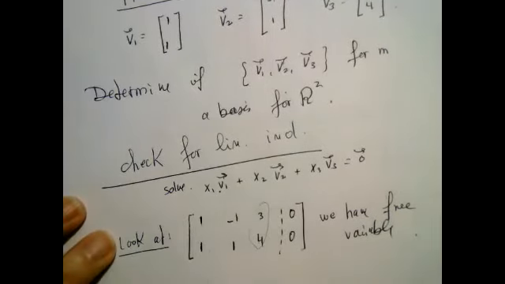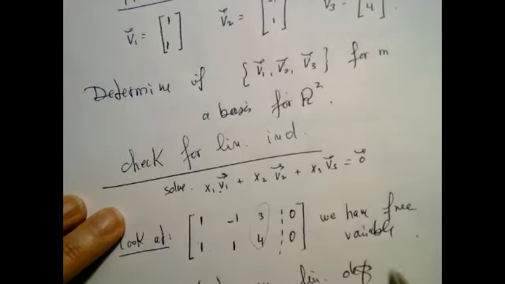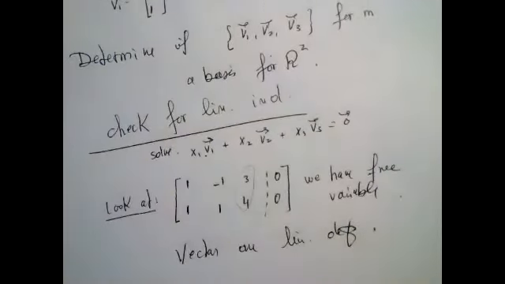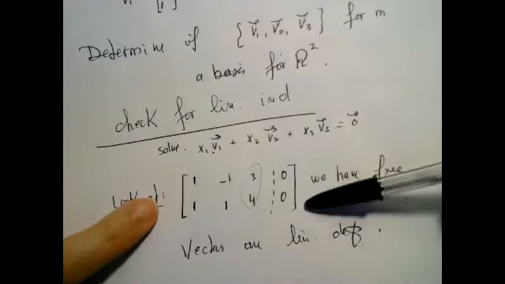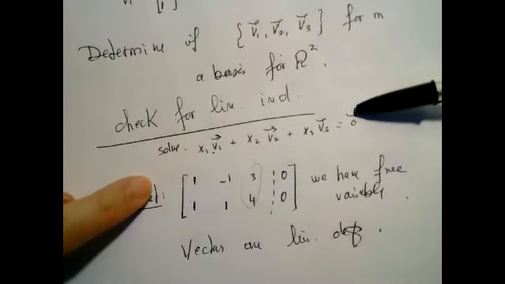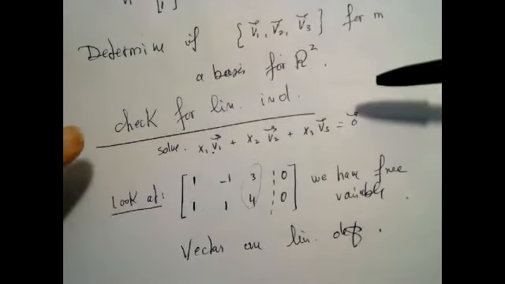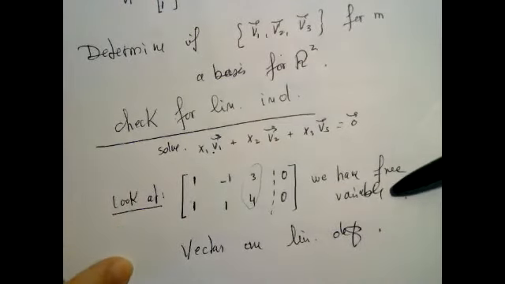Immediately, it means the vectors are linearly dependent. Okay, so let us recall the following fact based on this remark: any 3 vectors in R2 are linearly dependent because when we are solving, we have to have a free variable.